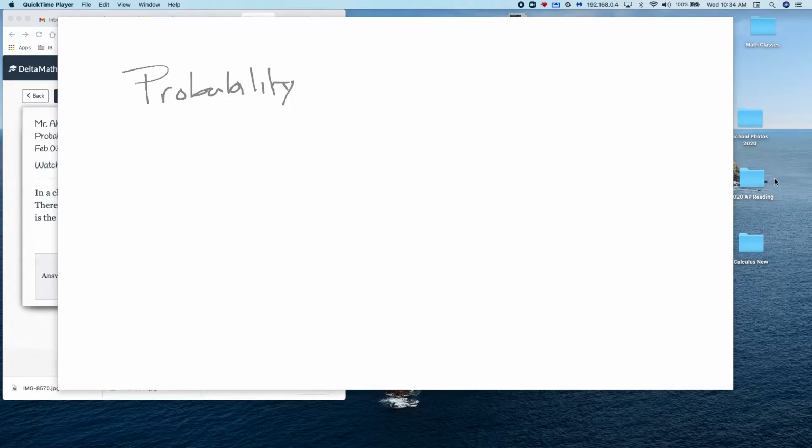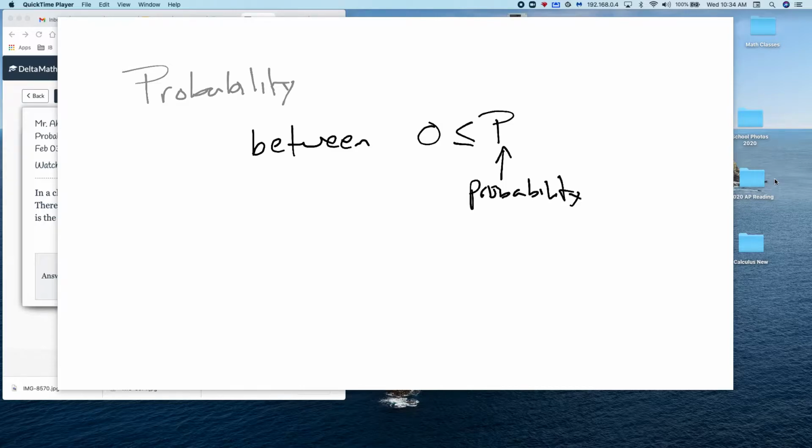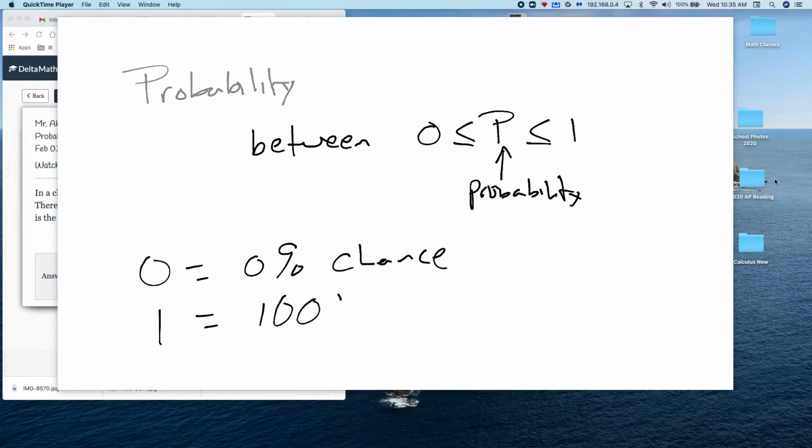And probabilities are always going to be between 0 and 1, where we'll say P stands for probability. So 0 equals a 0% chance, and 1 is equal to a 100% chance.